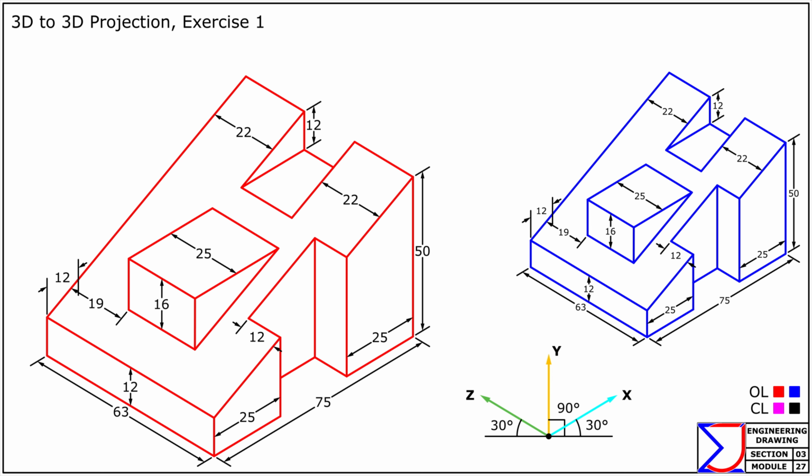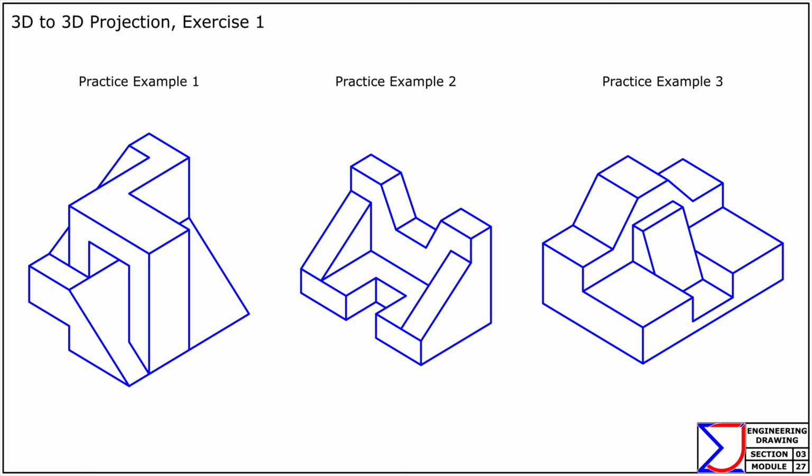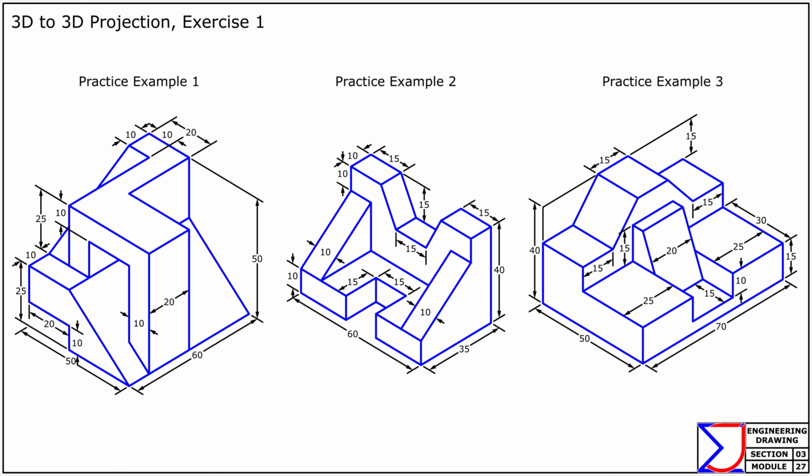This concludes the module. Before we wrap up, let's explore a few similar 3D isometric views. By practicing this exercise, you will find it much easier to draw these figures and shapes on your own.